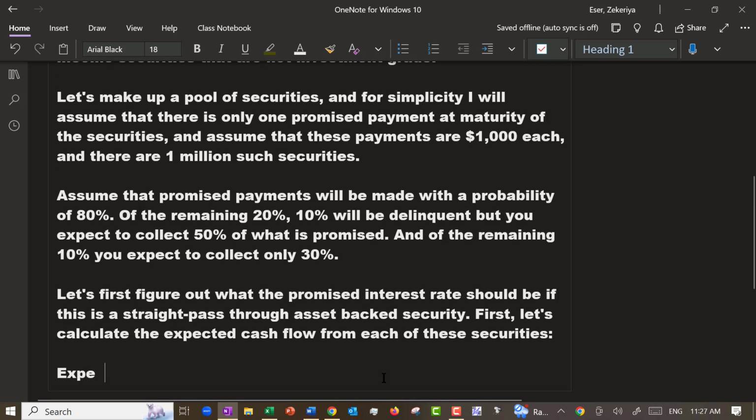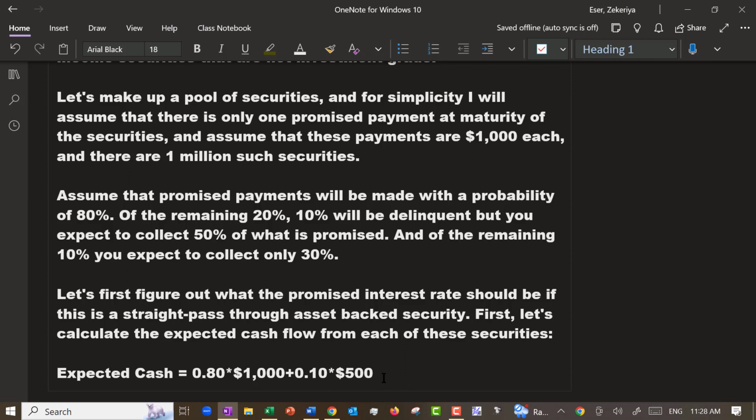Expected cash: with 80% probability, you're going to get 1,000. With 10% probability, you're going to get 500. And with 10% probability, you're going to get 300. So you expect to get 880.